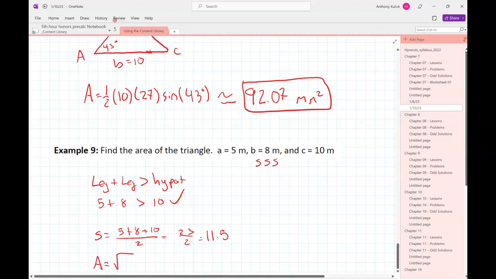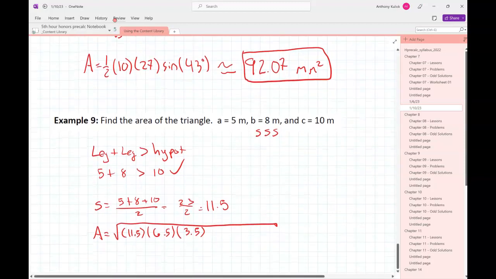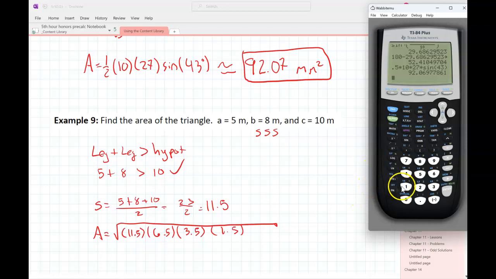So my area is going to be the square root of S, and then S minus A. What's 11.5 minus 5? 6.5. And then S minus B. What's 11.5 minus 8? 3.5. And then S minus C. What's 11.5 minus 10? Well, 1.5. And then I'm just going to go to my calculator and type that in.